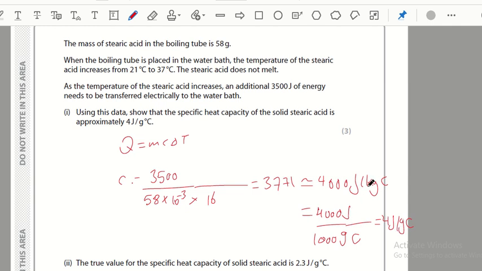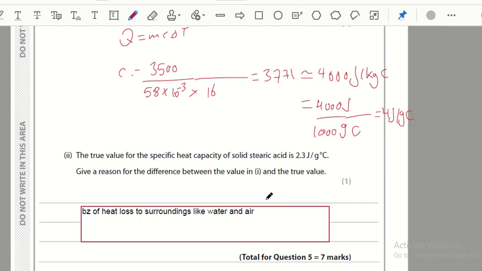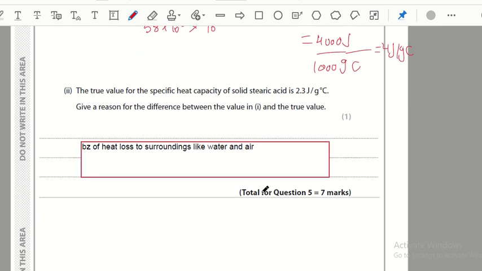We should know that the kilogram is in the denominator, so we can remove it and write gram multiplied by 1000. This would be eliminated with these 3 zeros, and we get the answer. The true value of its heat capacity is 2.3 joule per gram degree centigrade.